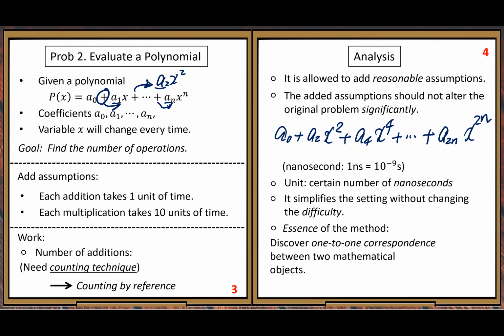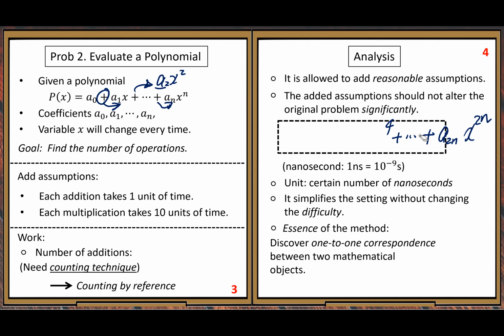You establish a one-to-one mapping between them. Then, let me erase this one. Now, object 1, object 2, one-to-one correspondence.